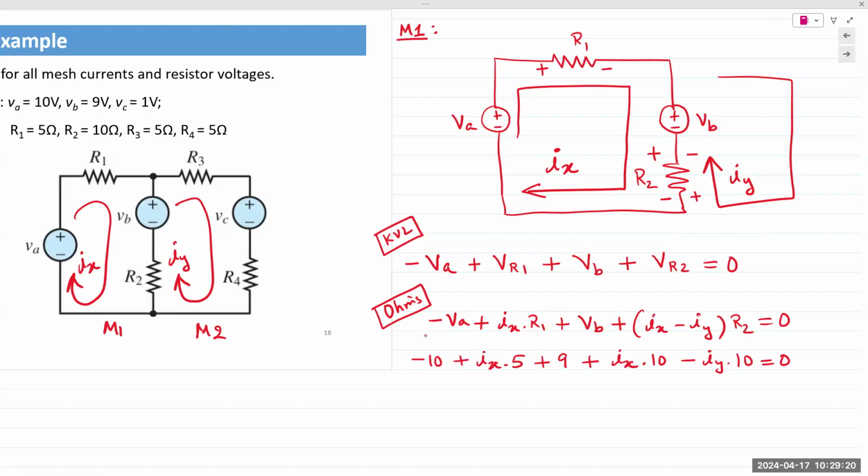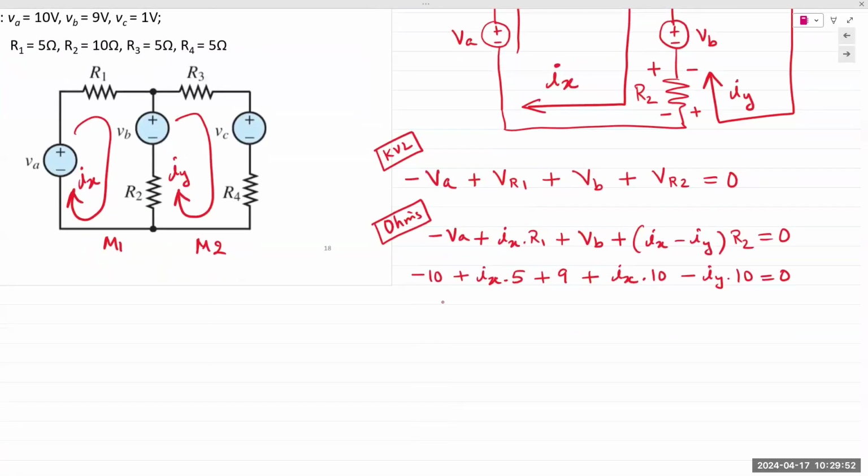If you have a mesh current in a mesh, you count the number of resistors for that current. Those are that many terms and that many constants should appear in your equation. So in this case, I have IX flowing through R1 and R2. I should have two terms with IX in them: 5 times IX and 10 times IX. If you don't have that, then your equation would be incorrect.